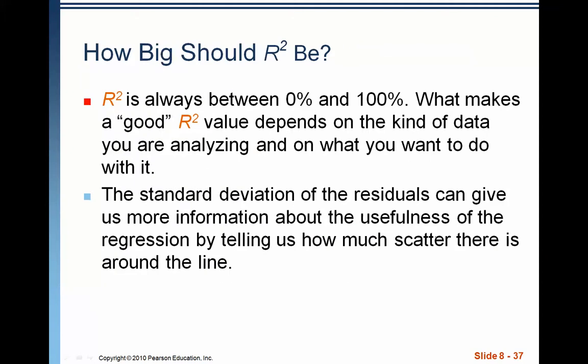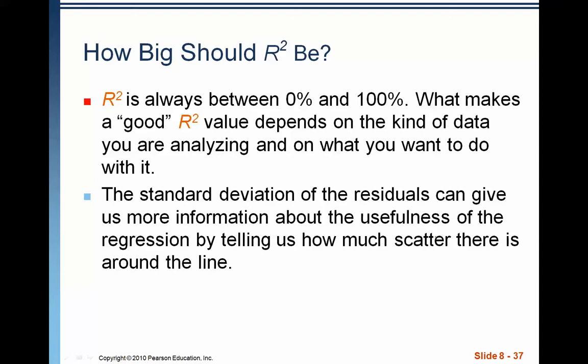Oh, sorry. How big should the R-squared be? It's a number between 0 and 100%, because remember, R is a number between -1 and 1, which means when I square it, it's going to be some kind of positive number between 0 and 1. The closer it is to 100%, the stronger the model is, because it means there's less variation in the residuals.